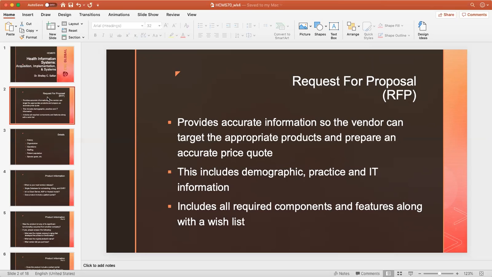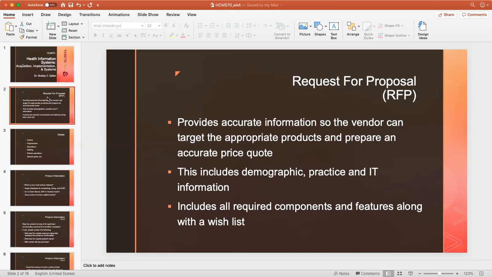Okay. All right. So the first thing that you're going to do in this request for proposal, and again, as you are looking at a project of this nature, you really need to start with a blank piece of paper, so to speak.